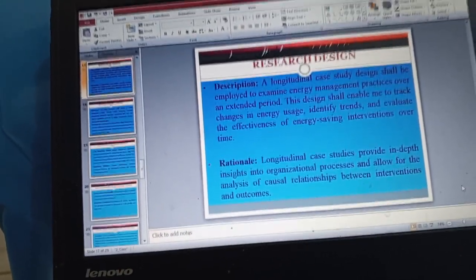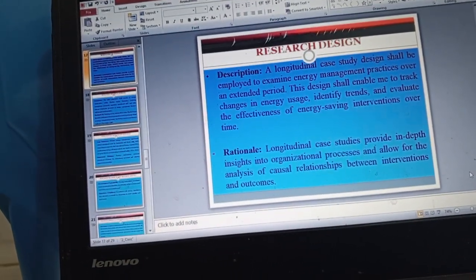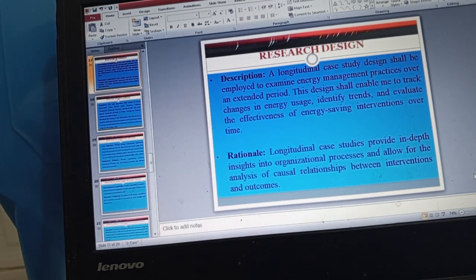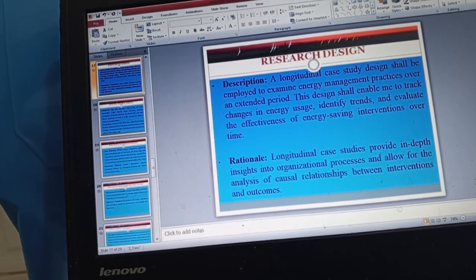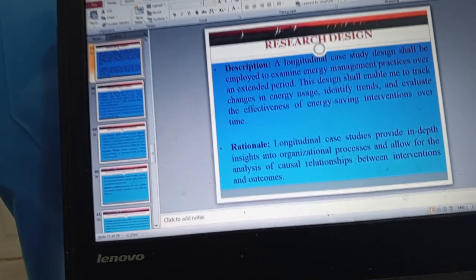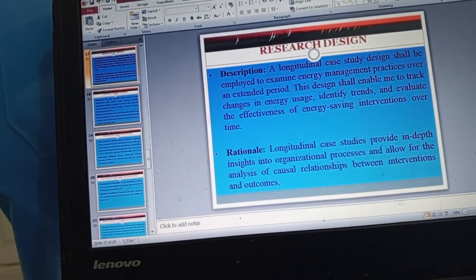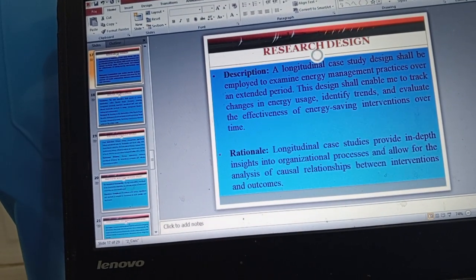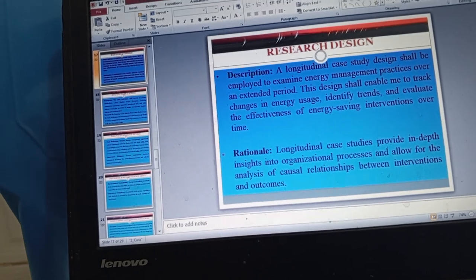Then for the rationale, a longitudinal case study provides in-depth insights into organizational processes and allows for the analysis of causal relationships between interventions and outcomes.